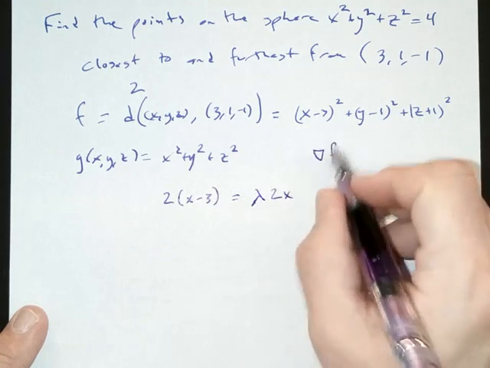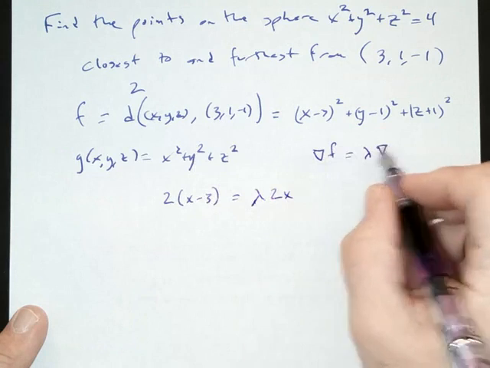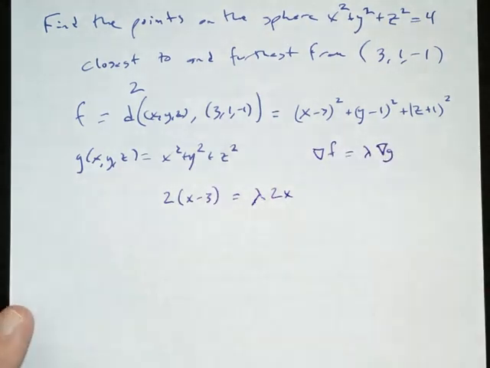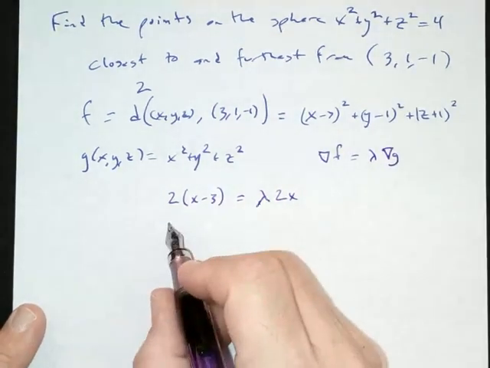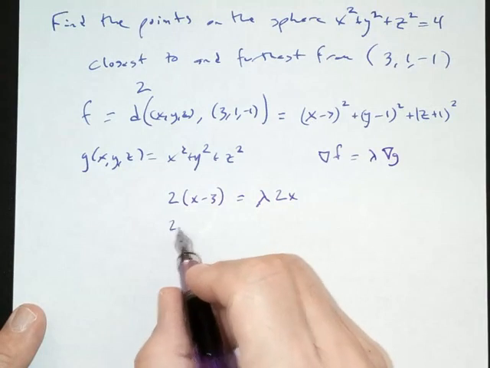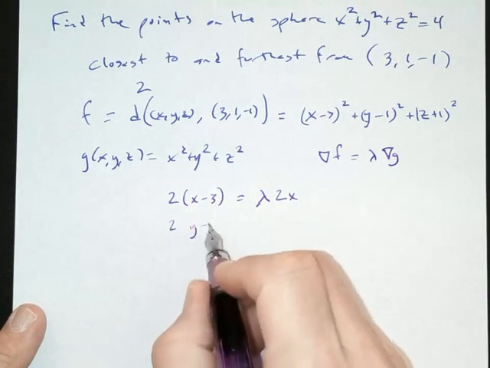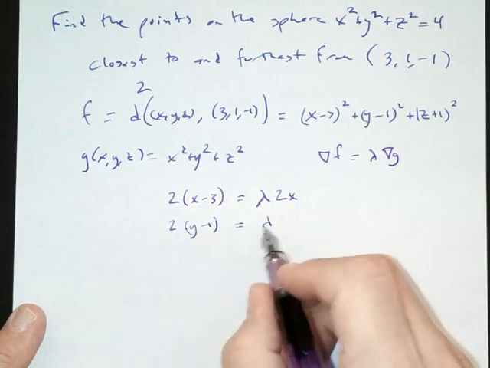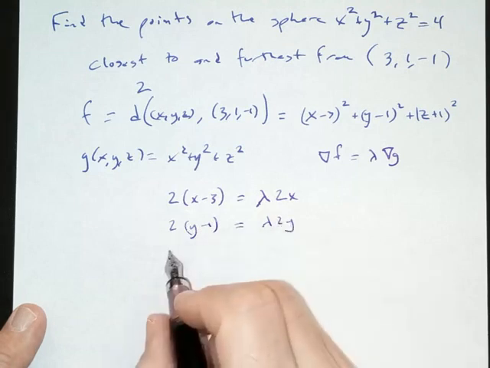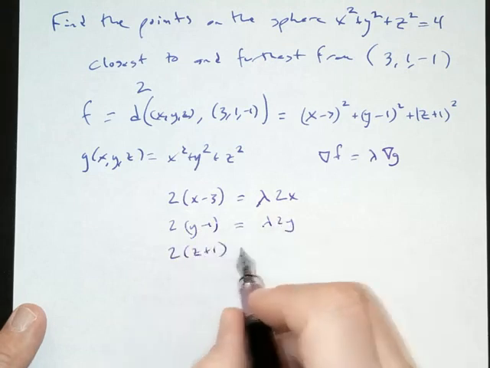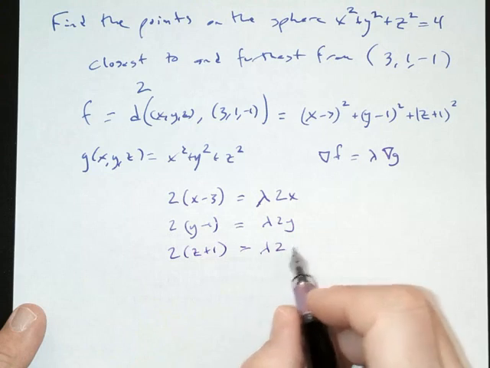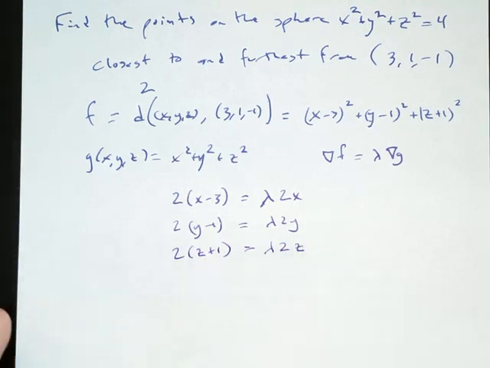Yeah. Because it's gradient of f equals lambda gradient of g. What about the y part? Same thing with 2 times (y minus 1) equals lambda 2y. And then 2 times (z plus 1) equals lambda times 2z.